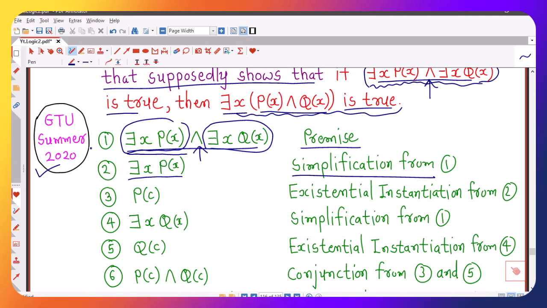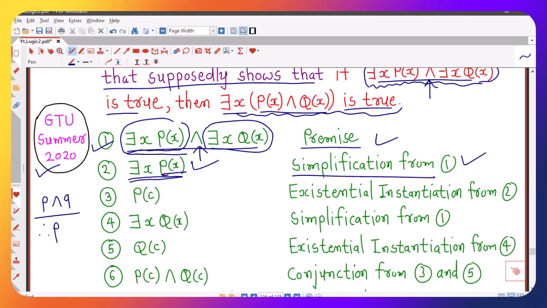So they are using this simplification on statement 1. We know that whenever we have p and q, then simplification rule of inference says that p and q, therefore p. So this is also correct, reason is correct, and rule of inference is used correctly.